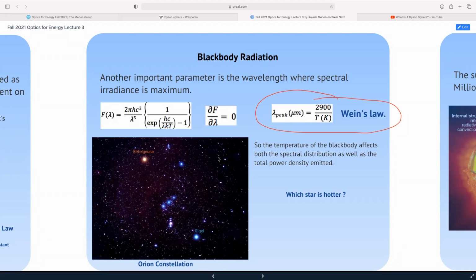So if you look at your campfire, if it's white versus if it's red, what is hotter? I think many of you are probably avid campers, more avid than me, but go ahead. Yes, I would say the white, because white is kind of a mixture of blue and green and red.